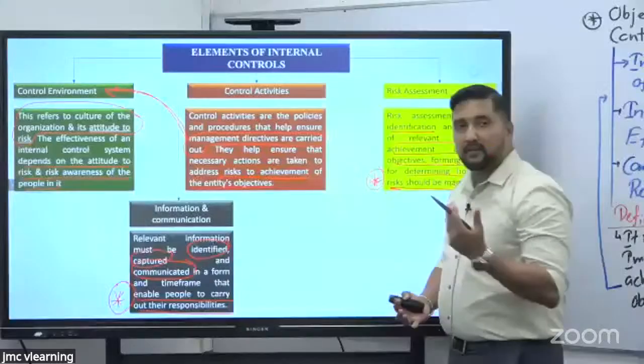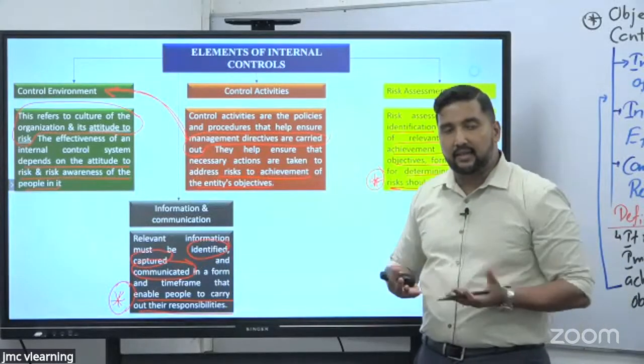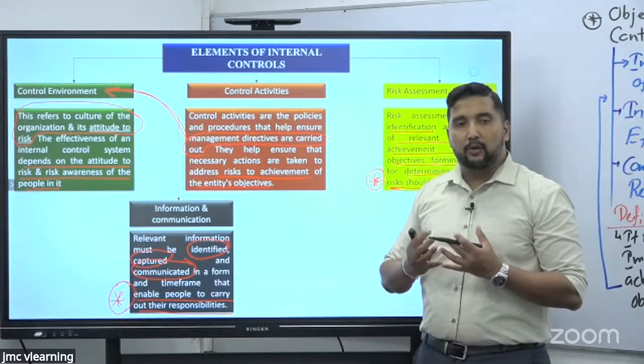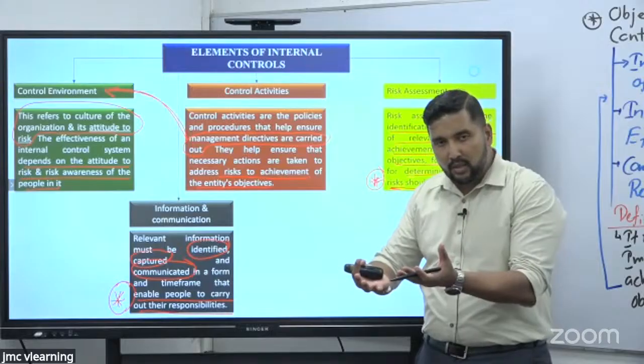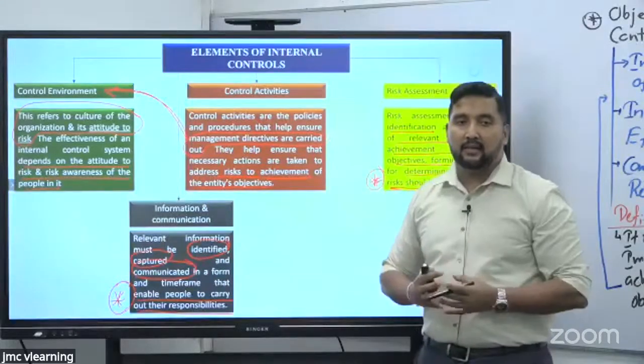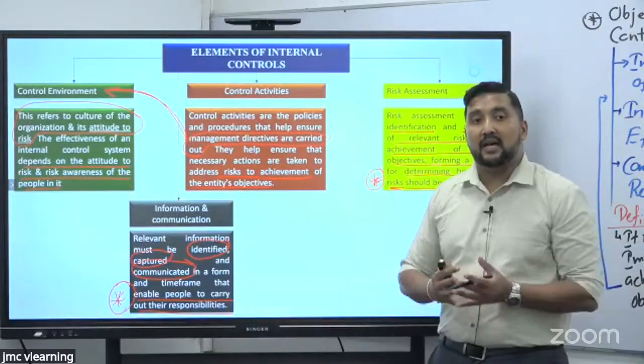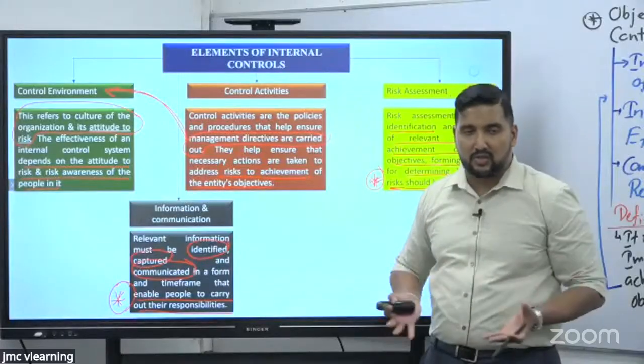There is no point in top management designing the internal controls unless they communicate those controls to the middle level and the lower level, because they are the people who actually implement those controls.